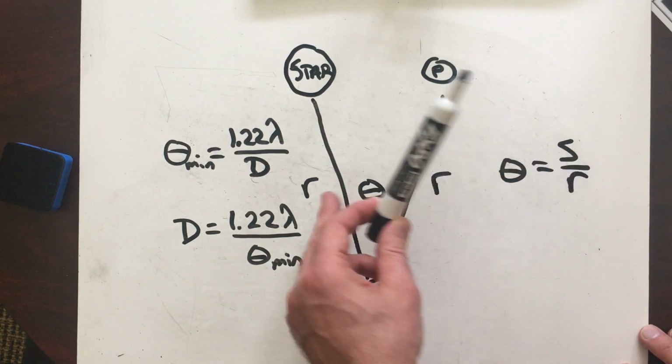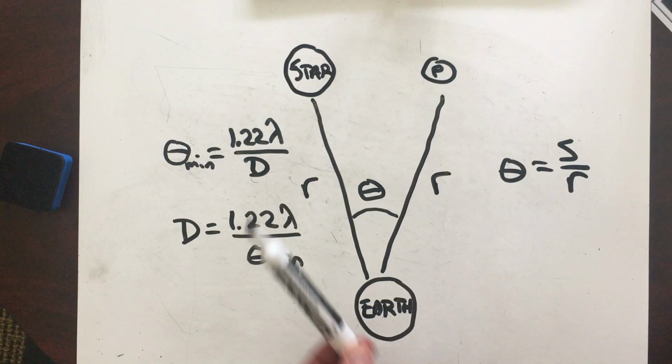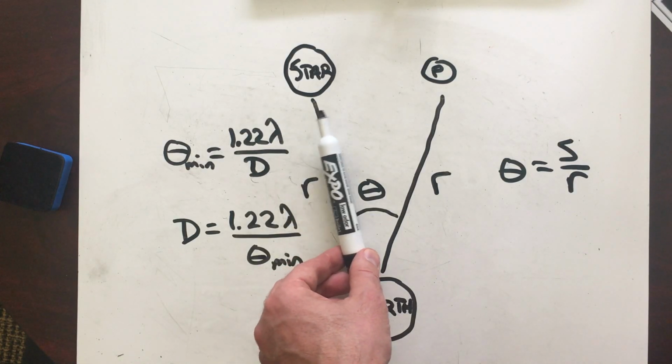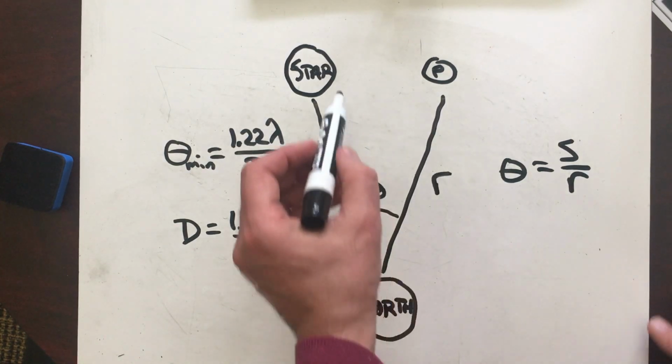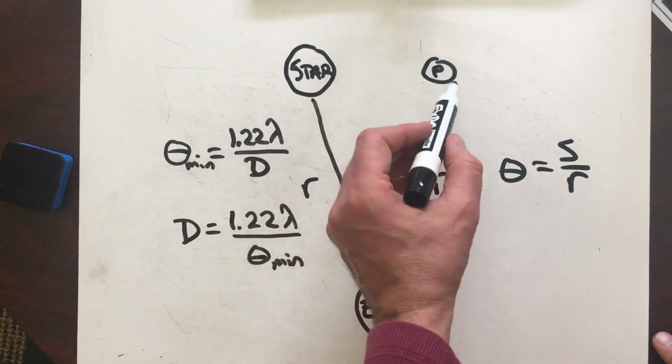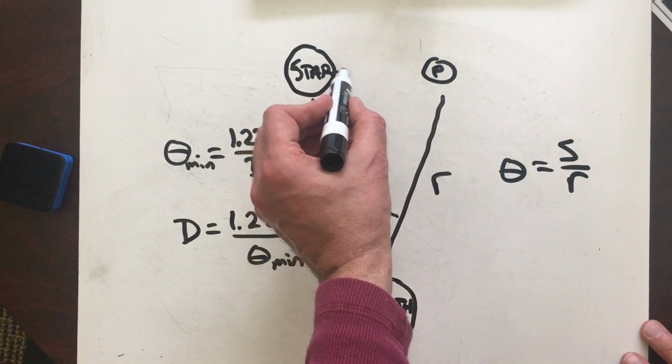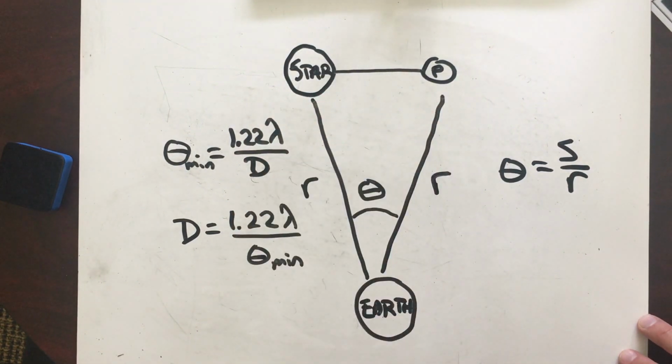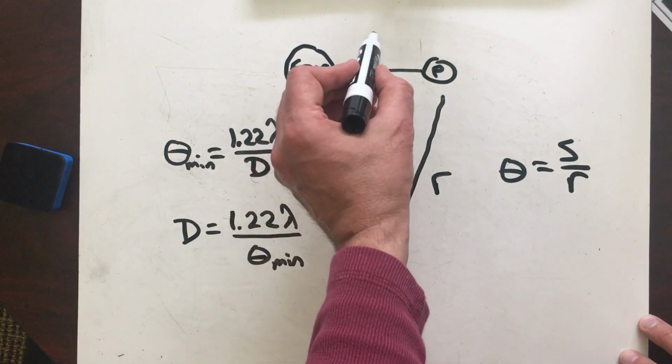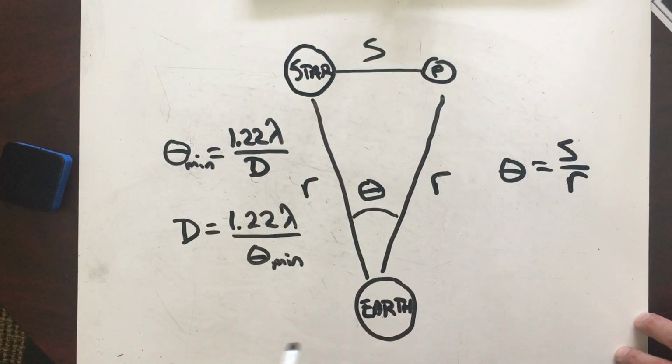So it'd be the R, which of course is why I use that letter for this diagram. And S would be the arc length between the star and P, which obviously is the distance between them. This is S, the distance between the star and the planet.